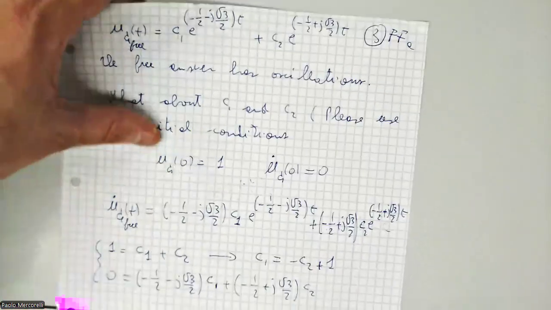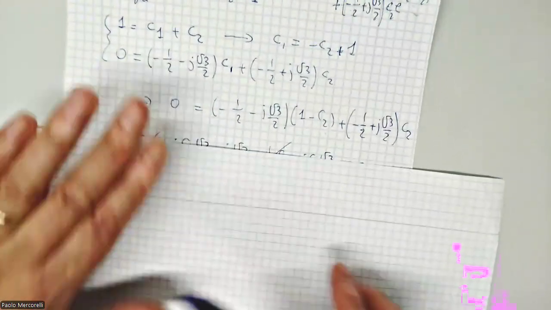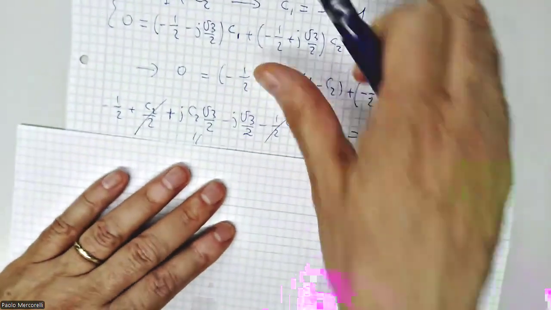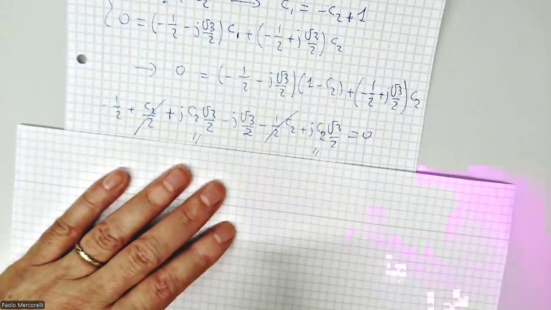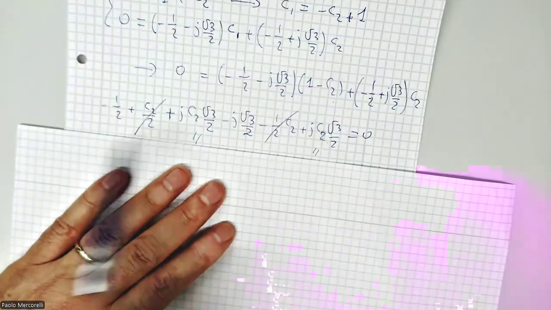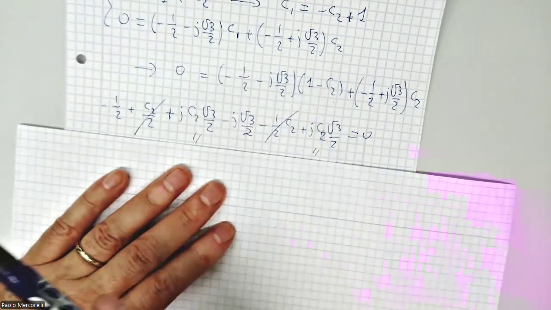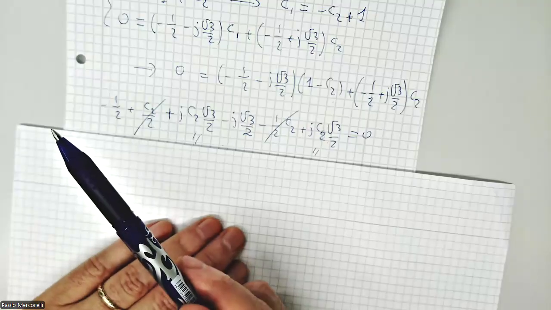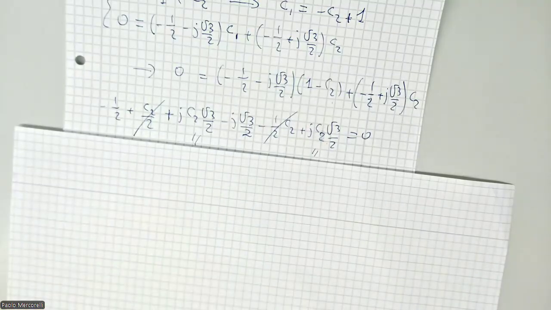I will show you in 1 second. From this equation, believe me, I do some easy calculations. I have to multiply. This is very boring. Try to do it at home once or twice in order to be able to redo a similar exercise in the exam.